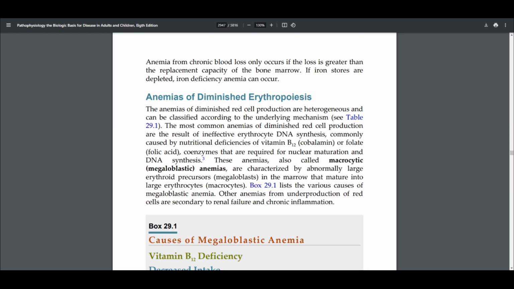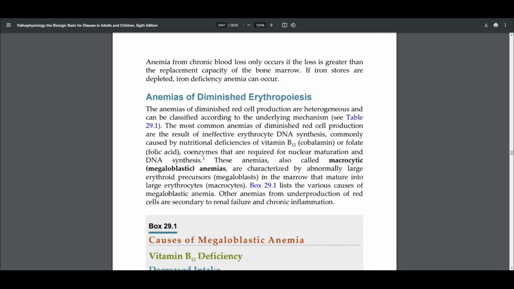Anemias of diminished erythropoiesis. The anemias of diminished red cell production are heterogeneous and can be classified according to the underlying mechanism. The most common anemias of diminished red blood cell production are the result of ineffective erythrocyte DNA synthesis, commonly caused by nutritional deficiencies of either vitamin B12 or folate, coenzymes that are required for nuclear maturation and DNA synthesis.